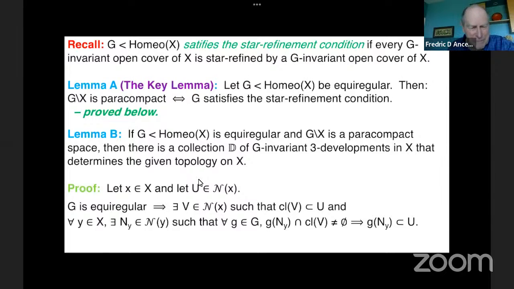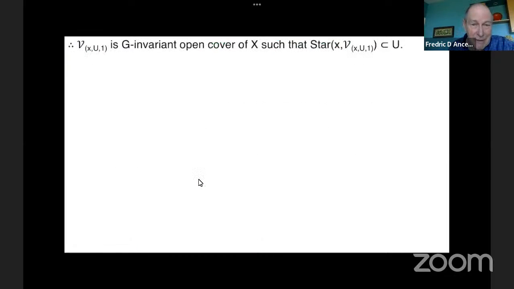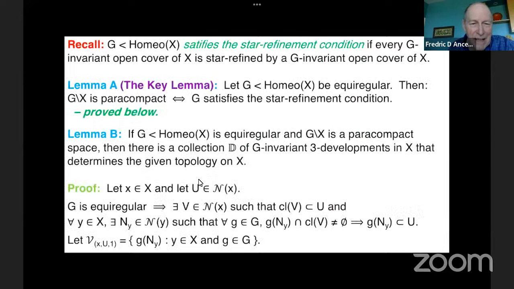Okay, and I simply form the open cover of all images of these neighborhoods of points, and this is a G invariant open cover. Then the key lemma allows me to star refine this first open cover.